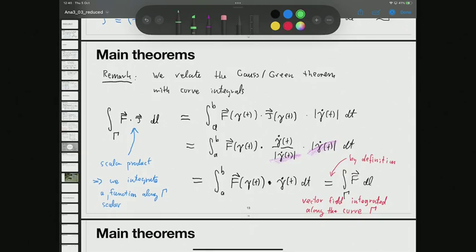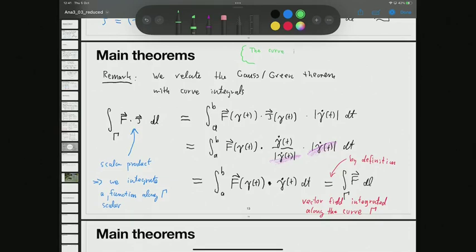What's perhaps a nice succinct way of putting that? Let's put it like this as a little comment: the curve integral of a vector field is the integral of the tangent component along that curve. That's the high-level point of view.